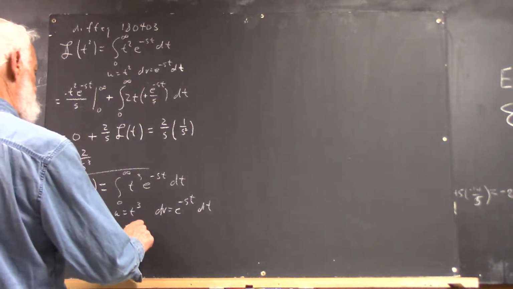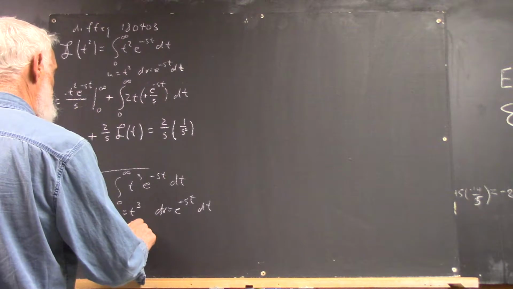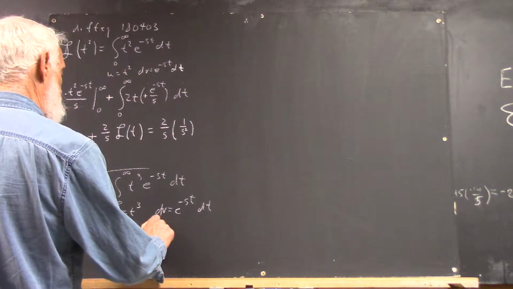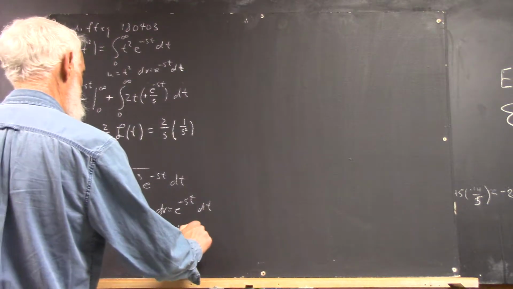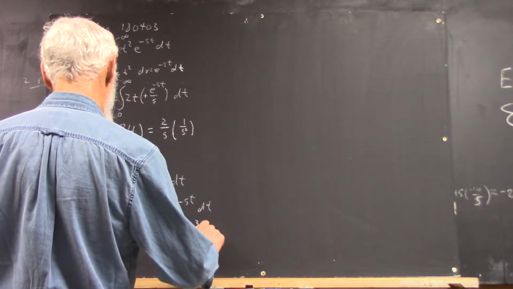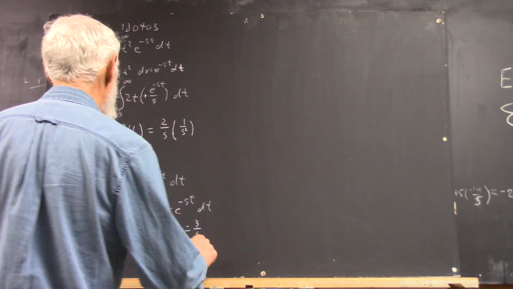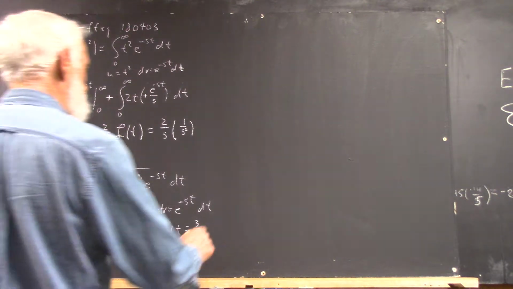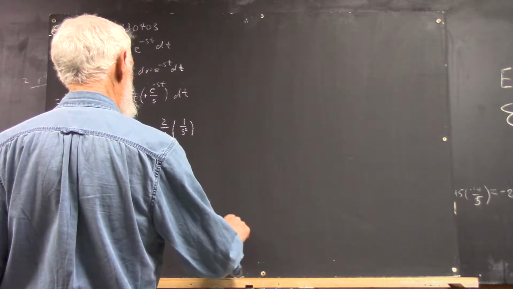And it's going to be times 3t squared e to the negative st dt, which is 3 over s times the Laplace transform of t squared.